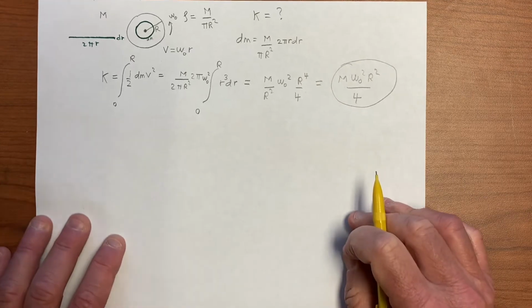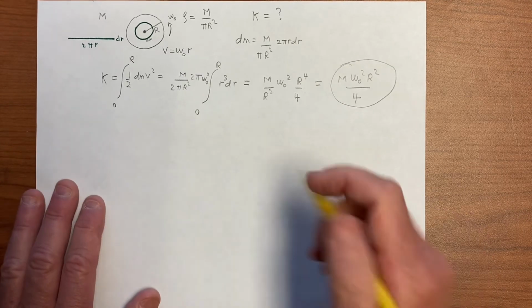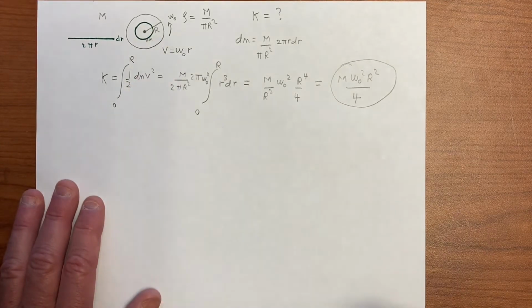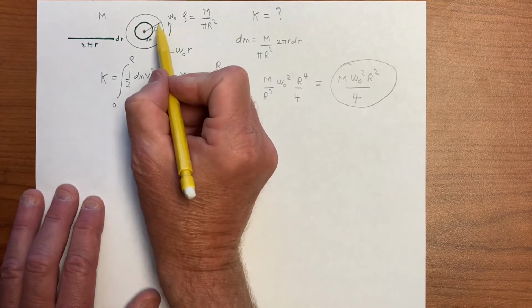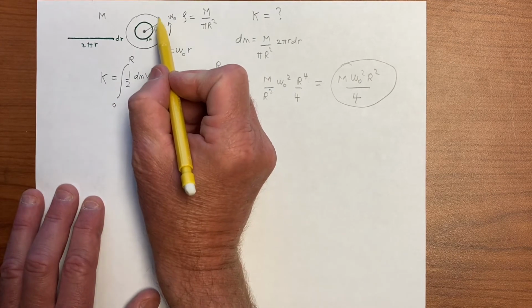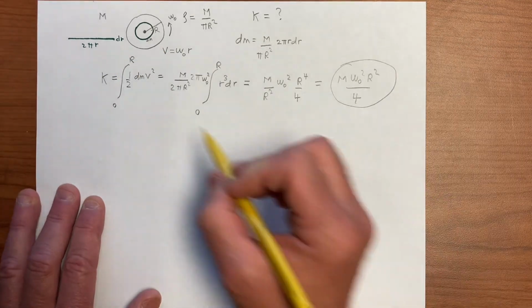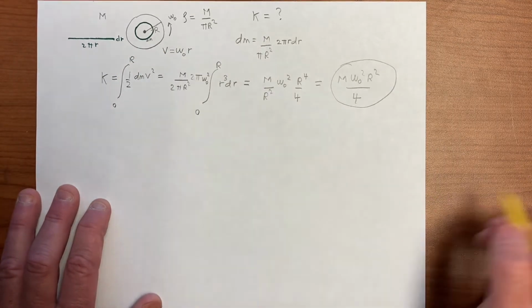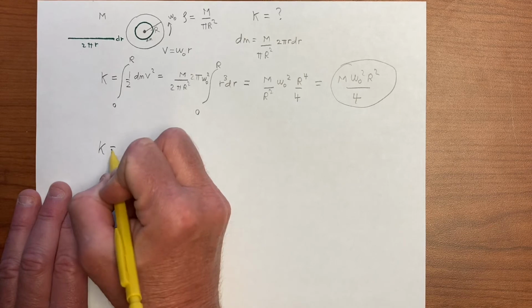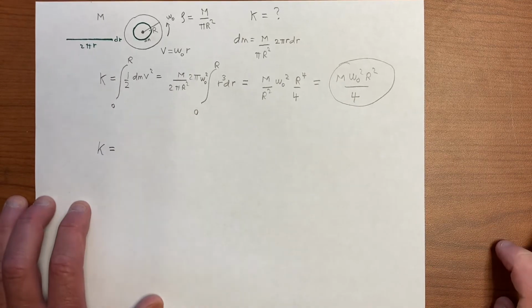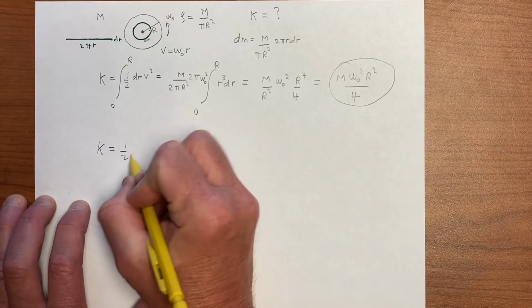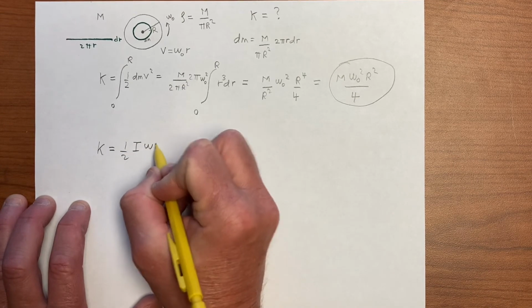Okay, but it took a bit of an effort to figure out what the dm is. So that's the kinetic energy of this object. It's m times the speed at the edge squared over 4, because the entire thing isn't moving at speed omega naught capital R. Let's do this from the perspective of just replacing mass with moment of inertia and linear speed with angular speed.